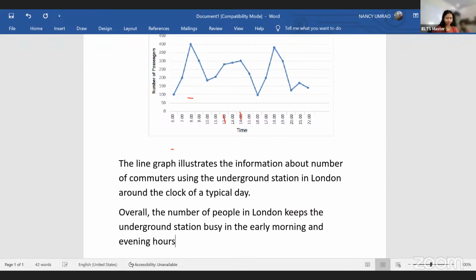Is that clear? So this is the overall. Any doubt? Shall I scroll down?